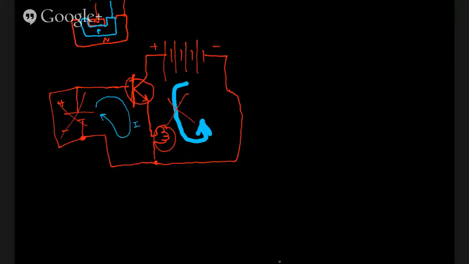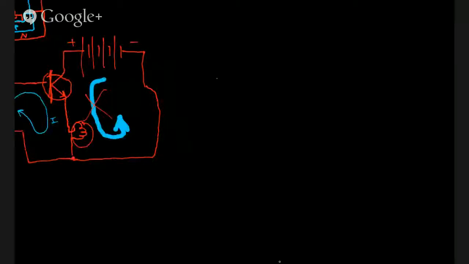And importantly, because transistors can use a small current, a small signal, small voltage, to control a larger current and a larger voltage, we can use this configuration as a type of amplifier. It's a pretty common use for transistors. We're going to use an N-type transistor. Arrow inside.